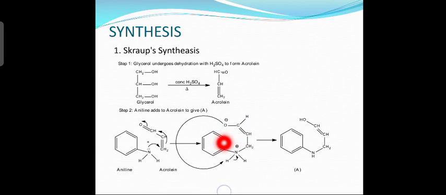One of the NH bonds will break, so hydrogen becomes positively charged. These electrons will get shifted over to oxygen. So O minus and H will combine to give OH group over here, so that you get this product A.